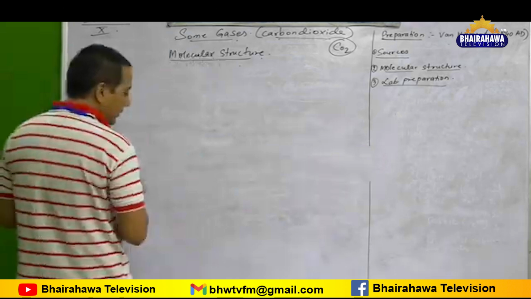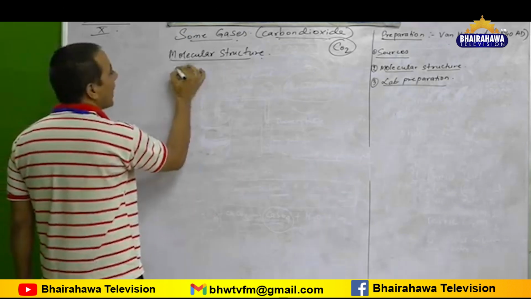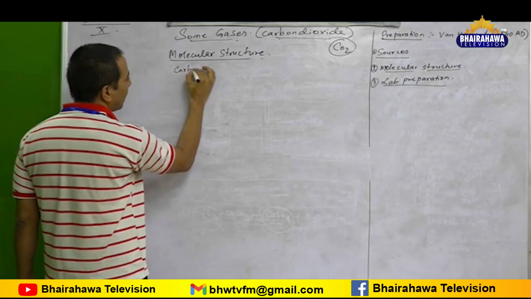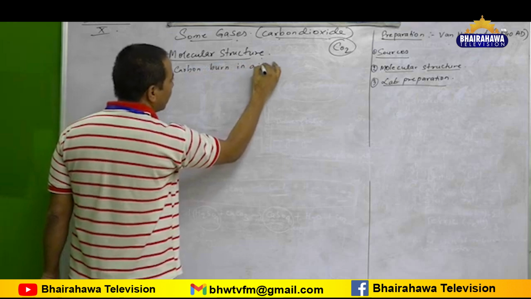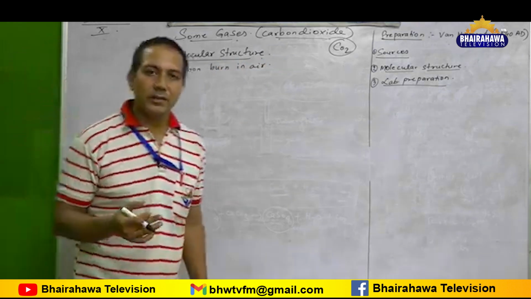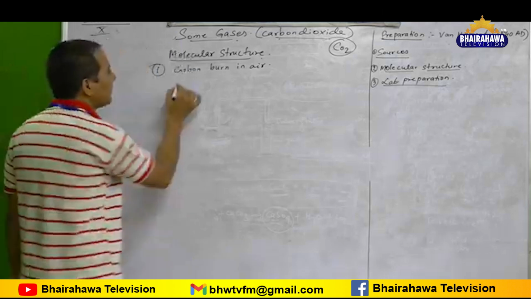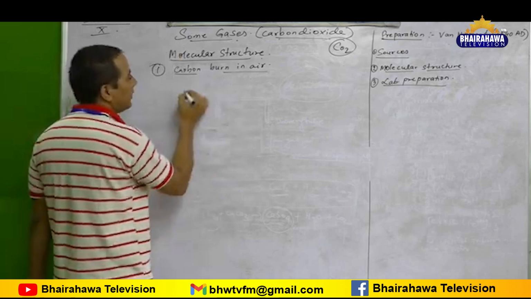The next one is the easiest method, that is, carbon burned in air. I already said the source of carbon dioxide, isn't it? The source of carbon dioxide, carbon burned in air. That means what? Air means oxygen.